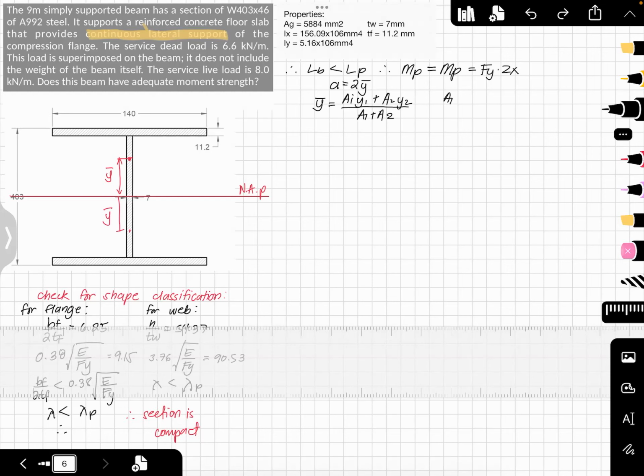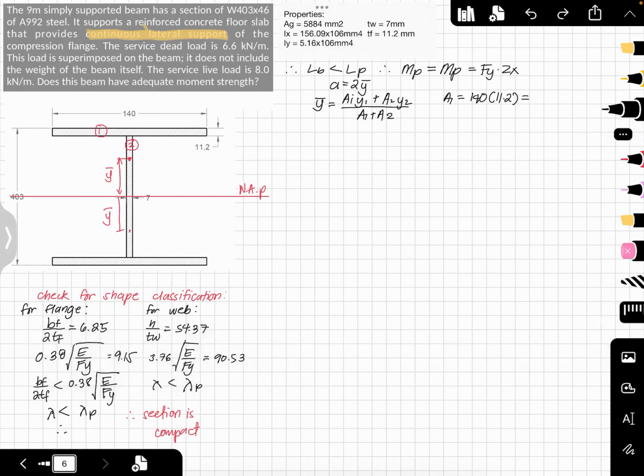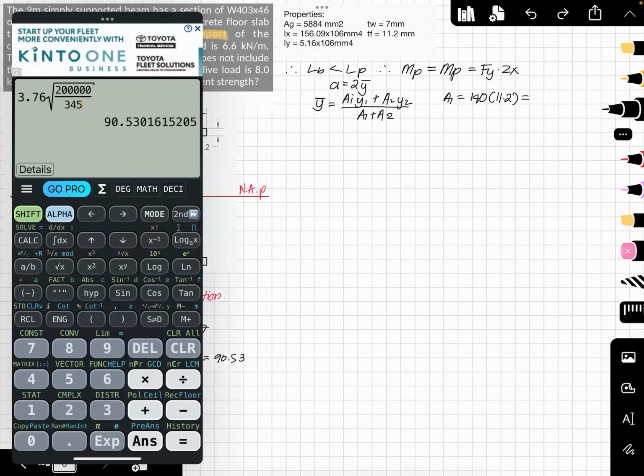Wherein your area 1 is equal to, so lagyan natin na lang ng marking. This is your area 1, this is your area 2. So area 1 is 140 times 11.2.